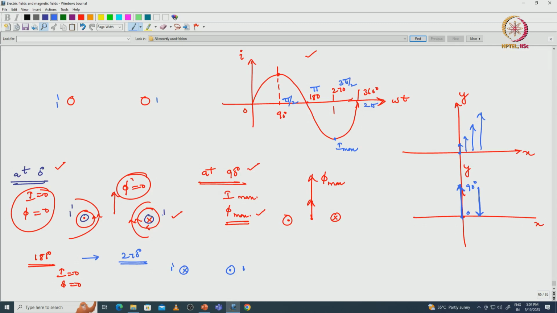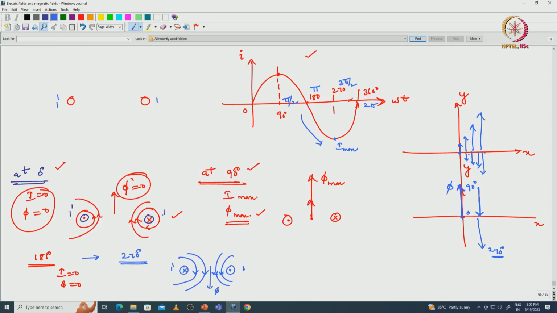With respect to the cross we see the flux in the clockwise direction, with respect to the dot in an anti-clockwise direction. So the resultant flux is in this direction at 270 degrees. Okay. That means from 180 to 270 current is increasing, so flux also will increase in the opposite direction in this fashion. And at 270 degrees it will reach the maximum. Okay. This is the flux vector.